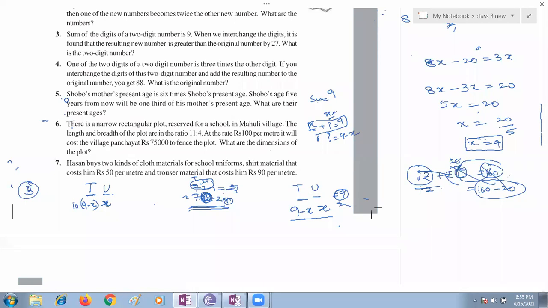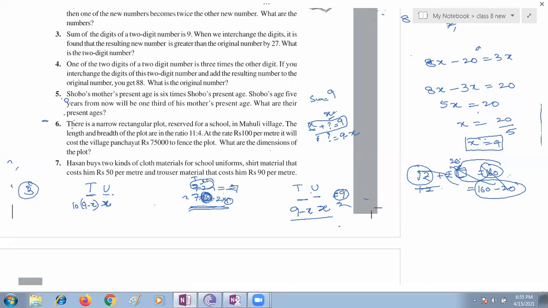What is the other condition given in our question? If you are not getting it, please raise your hand and I'll help you. The condition is, when we interchange the digits.